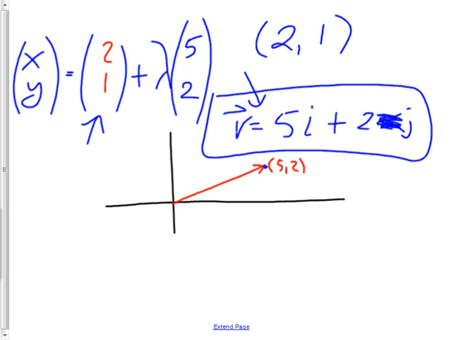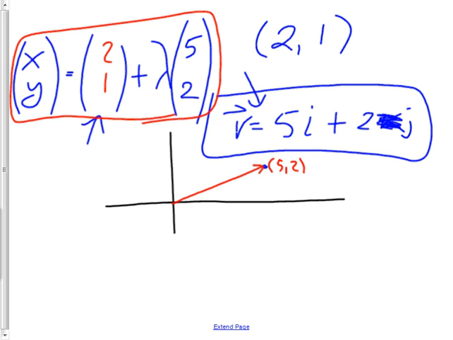All right, if this is truly an equation, it should be good for giving me some points. What if lambda is 0, like when you start your vector? If lambda is 0, do you get that this whole thing will just cancel? And I get 2, 1 for my first point? Make sense? And then what if lambda is like 1? It's like a counter. So if I say I want to go over 1 vector length, I stick a 1 in there, and let's see what point we get.